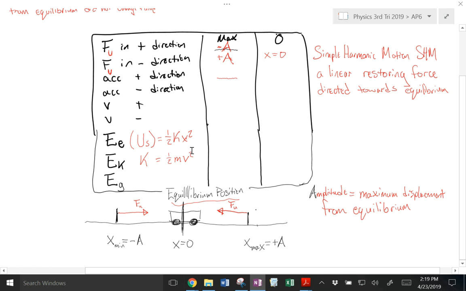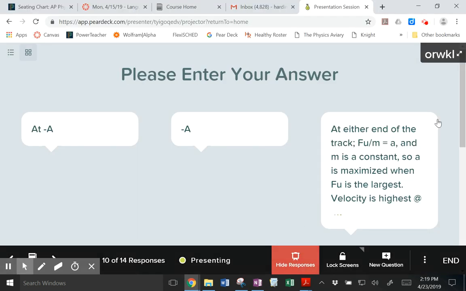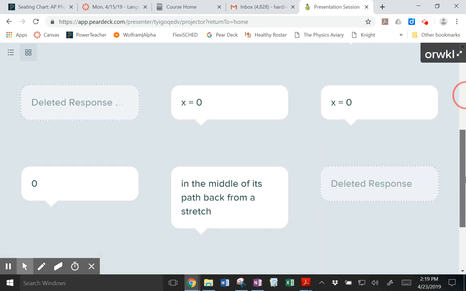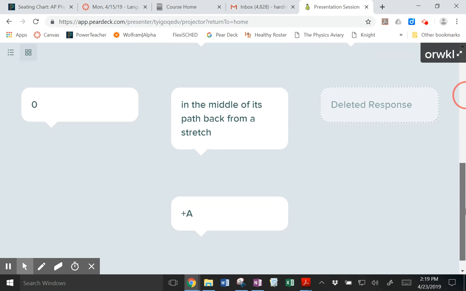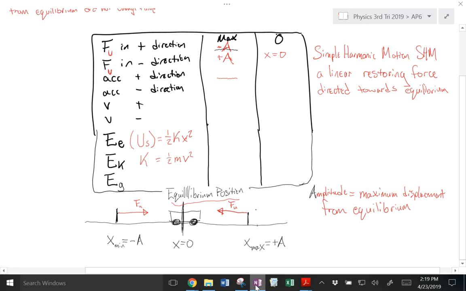All right, our friends are saying negative A at either end of the track. 0, 0, 0, middle of the path, back from a stretch. Lots of variation there. So talk to your neighbor about that.